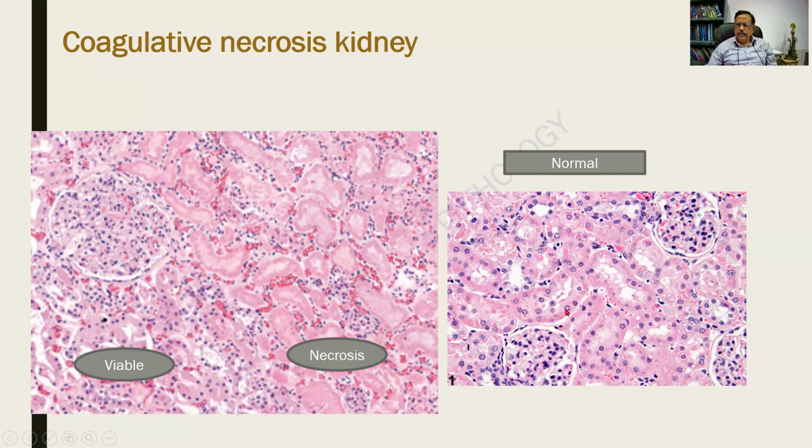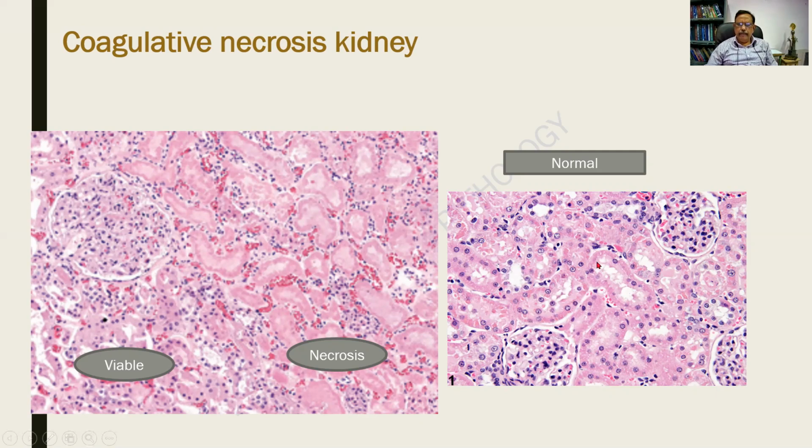I am able to see the nuclei and maybe these are all the cellular outlines. So it is well preserved. Here also it is preserved, but there is no nucleus, there is no life. That is why it is described as a city of the dead or a tombstone appearance. That is because of coagulation. The protein undergoes rapid coagulation and the outline is maintained, just like a boiled egg.